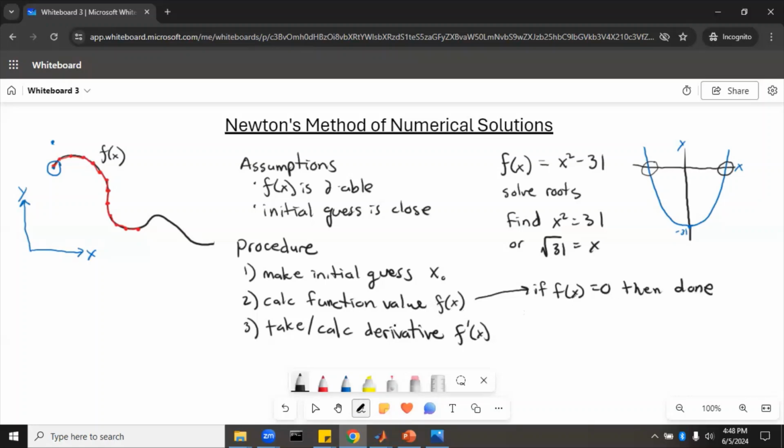If it doesn't equal 0, then proceed: calculate the derivative, and then calculate a new guess. That new guess we'll call x1. And then we just repeat this process of calculating the function, the derivative, and a new guess, until we get to f of x equals 0.